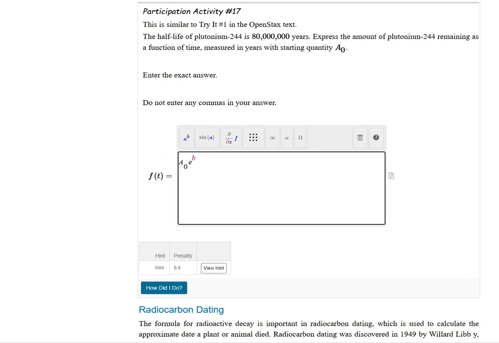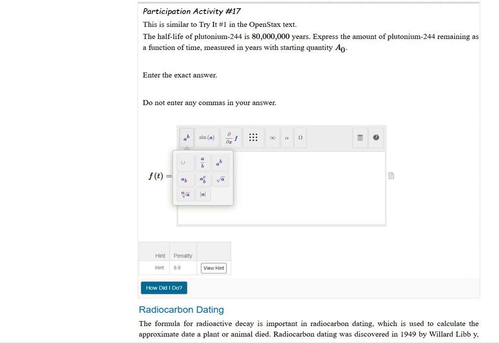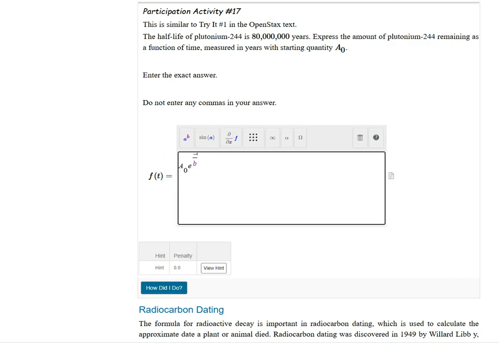And E, and then scroll over to the B, delete the B, and type in, no, wait a minute, it's a fraction, so I need an A over B. So negative natural log parentheses 2 over, backspace to delete the B, 80, and then I need 1, 2, 3, 4, 5, 6, and then scroll to the right and type in a T.